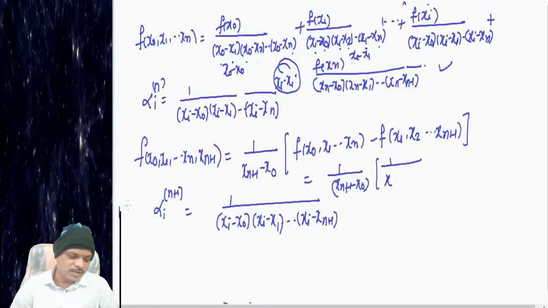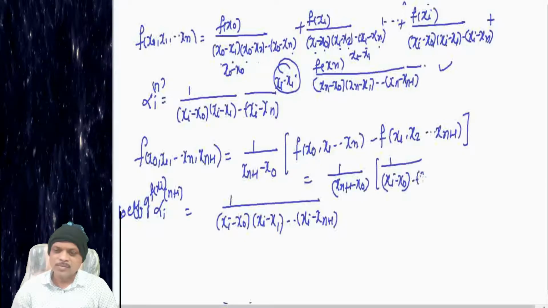Okay, so let us consider only the coefficient of f of xi. The coefficient of f of xi will be 1 divided by xi minus x0 up to xi minus xn, minus 1 divided by xi minus x1 up to xi minus xn plus 1.